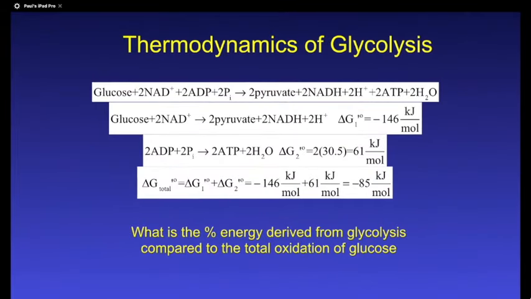Okay? The overall energy process of glycolysis, this is the overall reaction. Glucose plus 2 NAD plus 2 ADPs plus 2 Pi equal 2 pyruvates, 2 NADHs plus 2 protons plus 2 ATPs plus 2 waters. Okay?